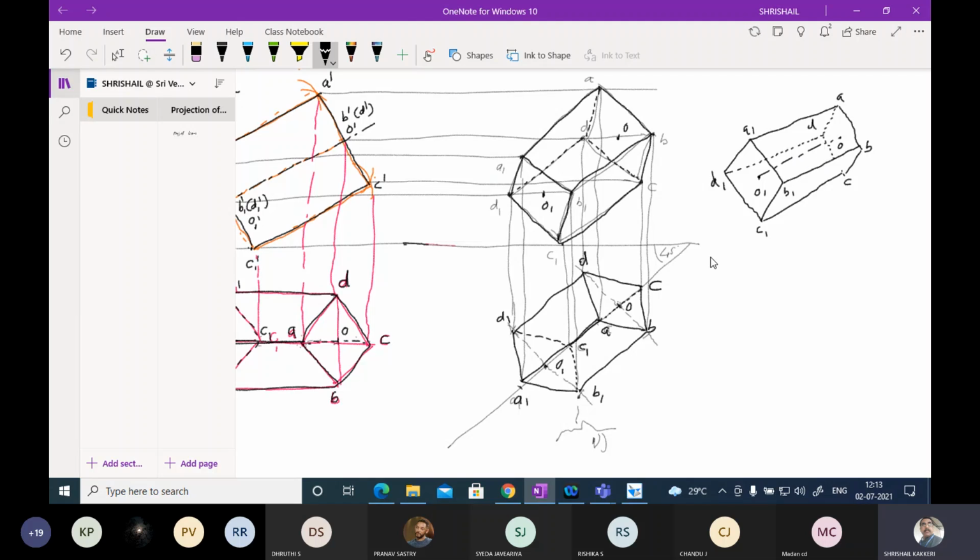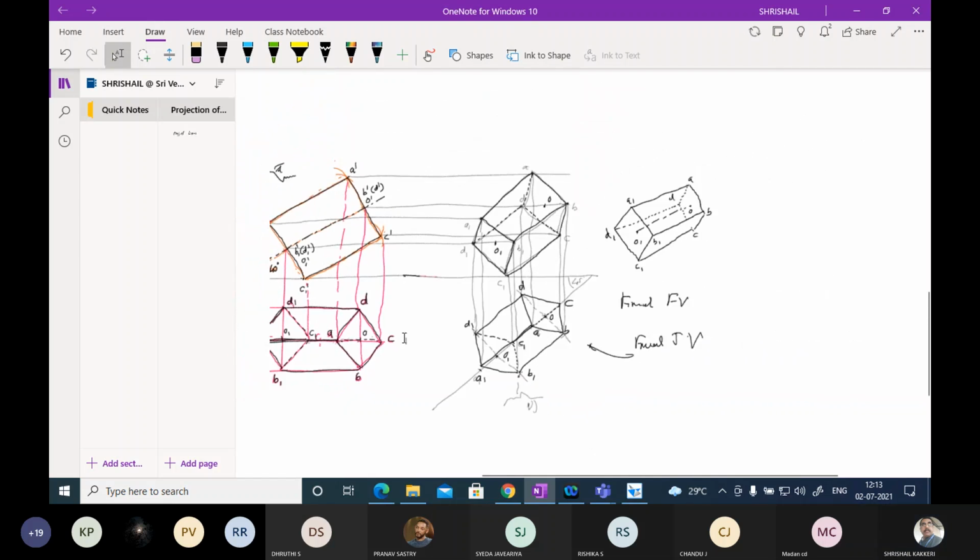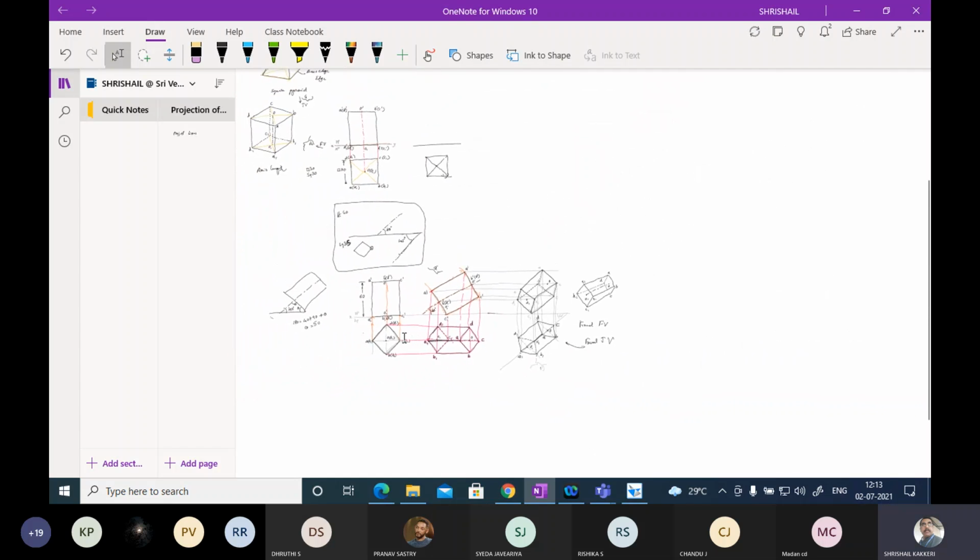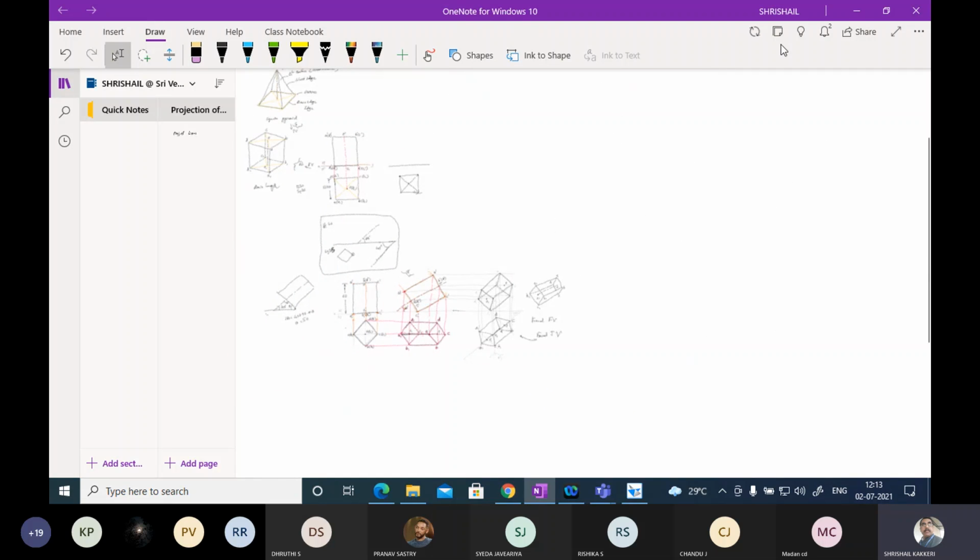This will be the axis length. This will be the final front view. And this is the final top view. And now what I wanted to do, I wanted to show you. Okay, I'll be showing it to you.